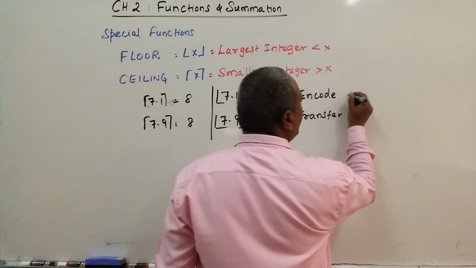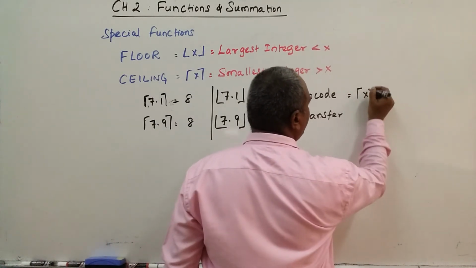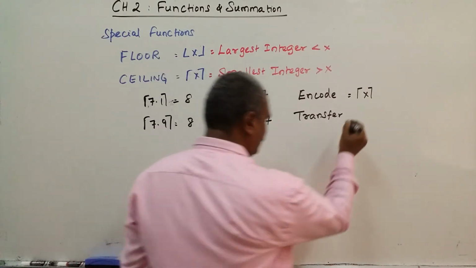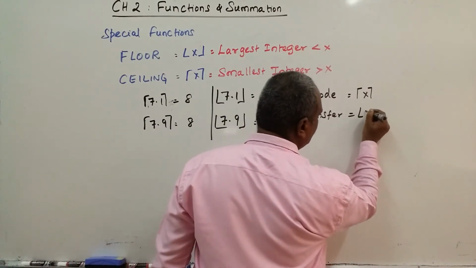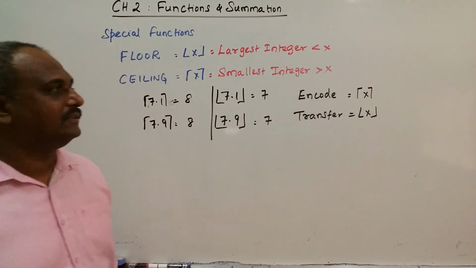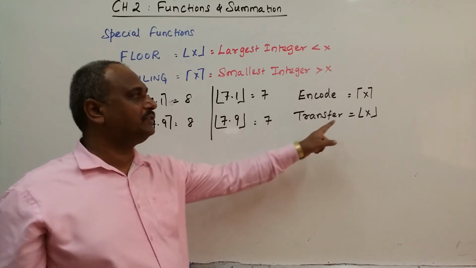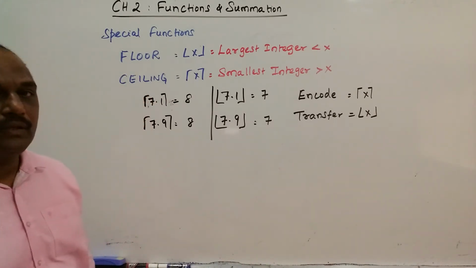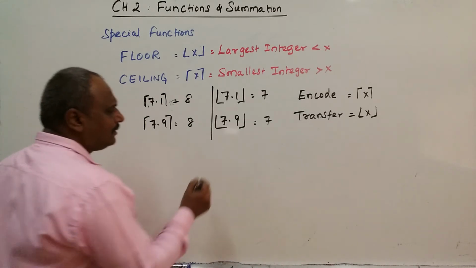For encoding, we are going to use the ceiling function, and for data transfer, we are going to use the floor function.